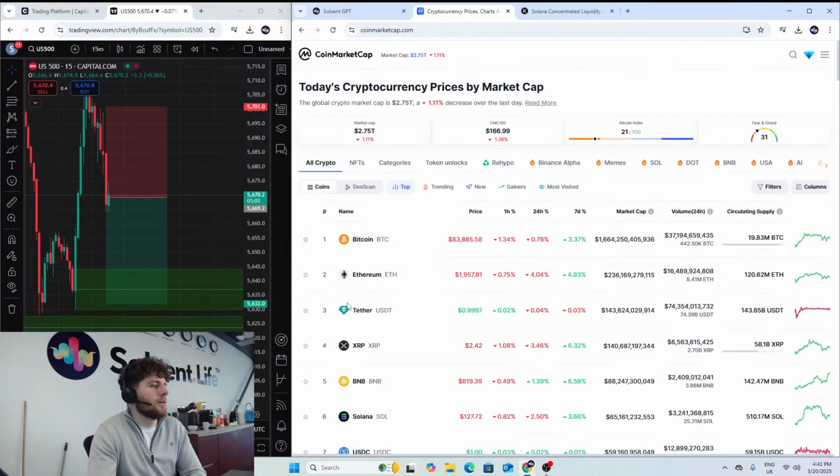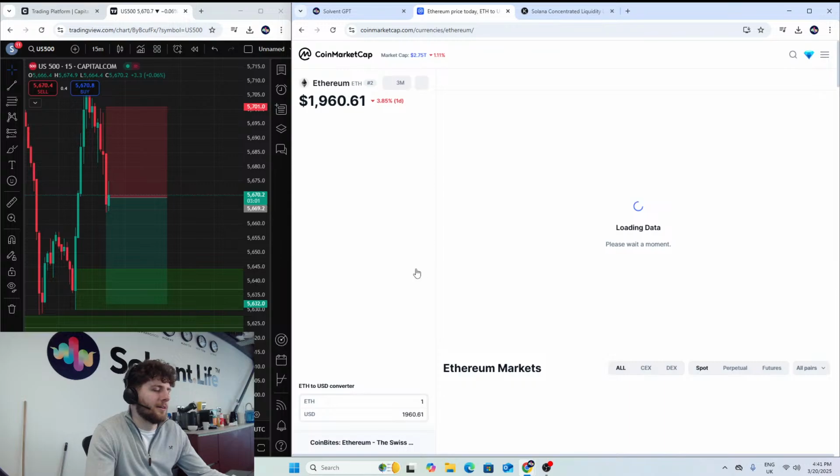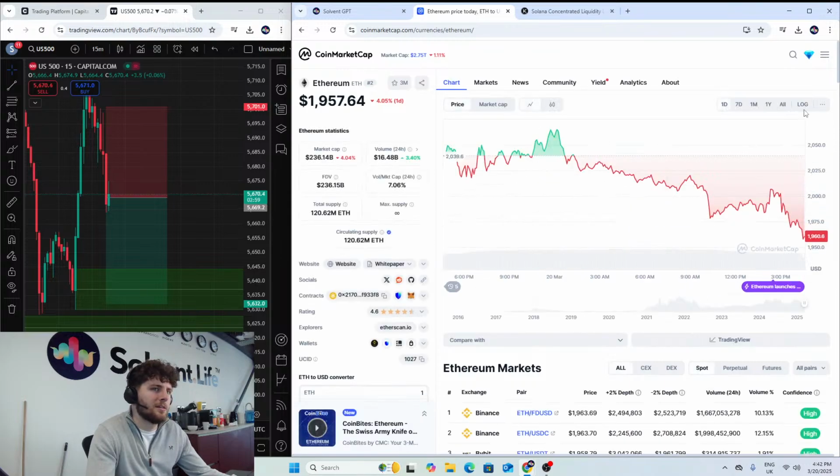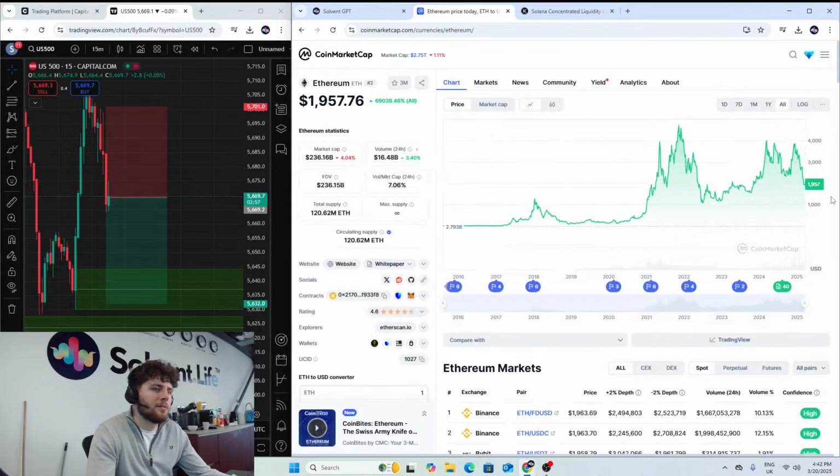I do want to take a look at how Ethereum is actually performing. I think that'd be very interesting. Wow. Ethereum.